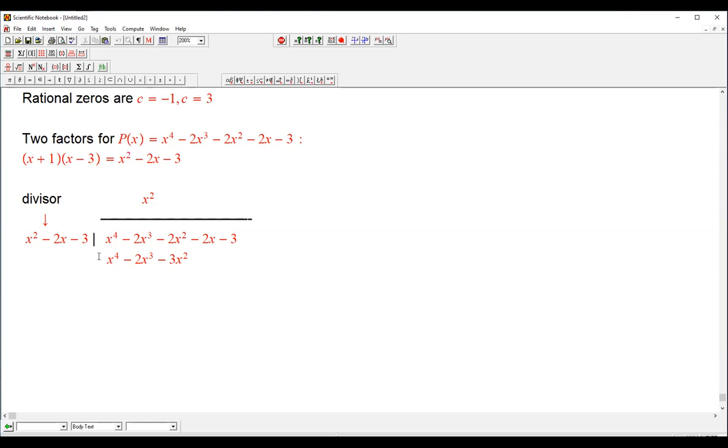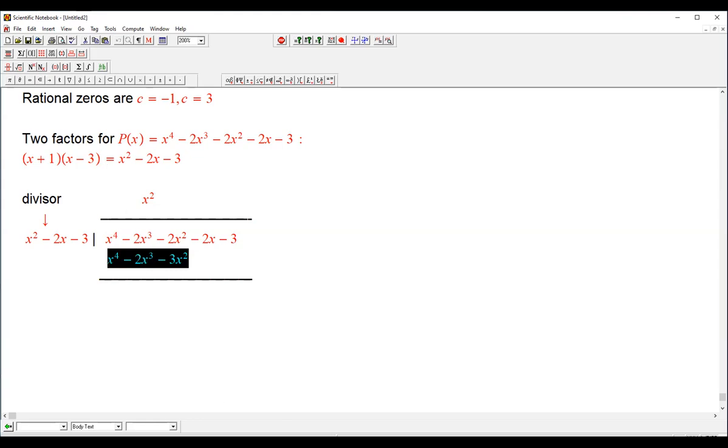And then we're going to do subtraction, the top row minus the bottom row, like terms subtracting each other.